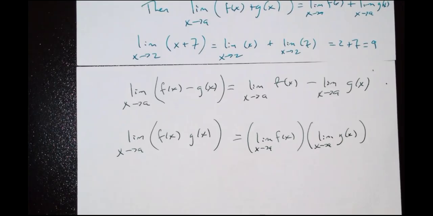If I am multiplying two things together, well, I'm multiplying two things together. The limit of a product is the product of the limits. The limit of a sum is the sum of the limits. The limit of a difference is the difference of the limits. The limit of a product is the product of the limits. But if this first function is a constant, then I can really combine two of these.